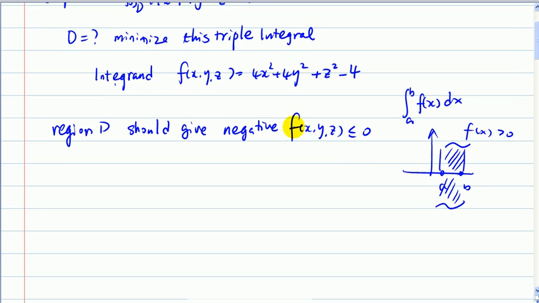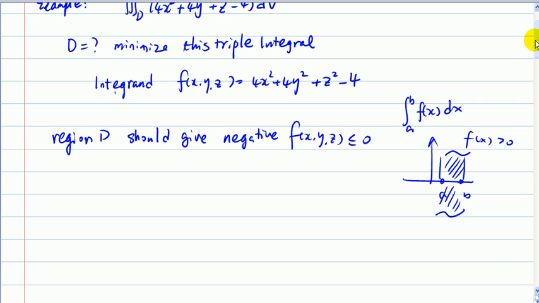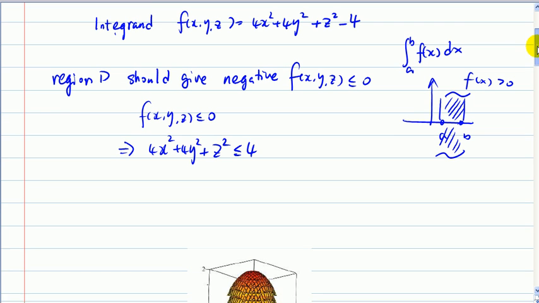If this is less than 0, then the triple integral is minimized. So what does that give us? If f of x, y, z is less than 0, that gives us 4x squared plus 4y squared plus z squared less than 4.